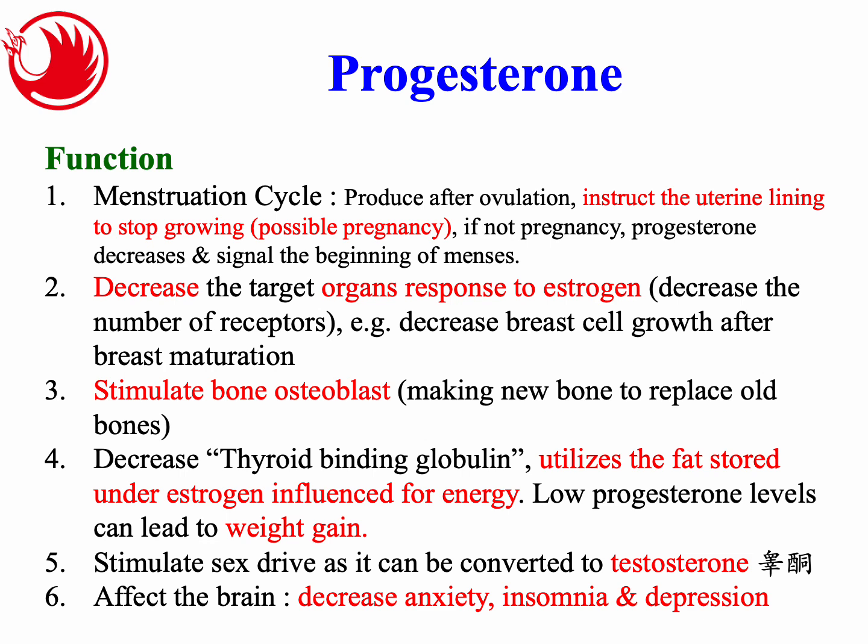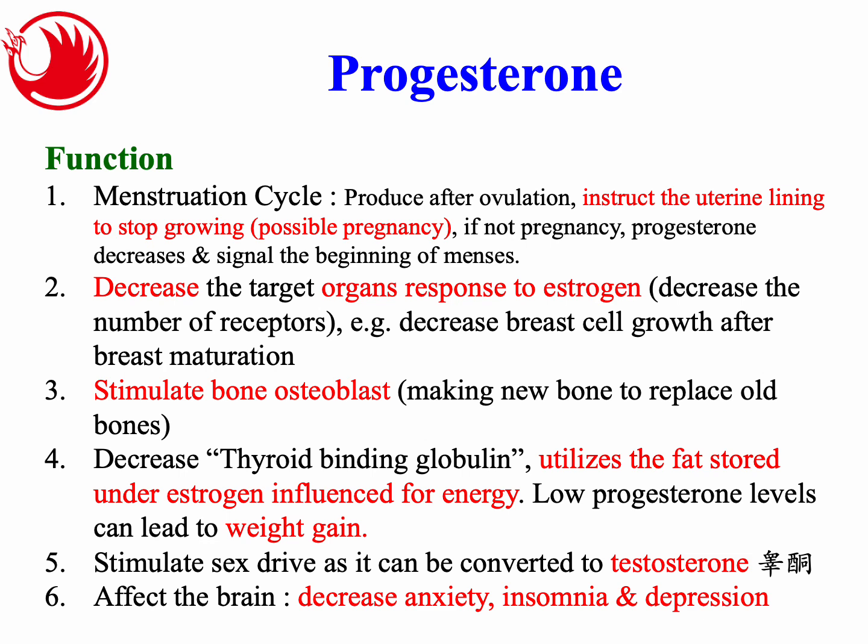Osteoblasts are cells responsible for forming new bone. Progesterone stimulates these cells, promoting the replacement of old bone with healthy bone. This helps to maintain bone density and strength, so they are quite important in bone health.